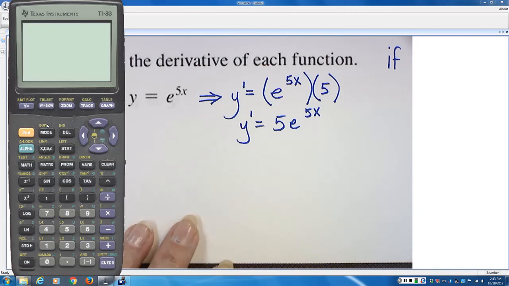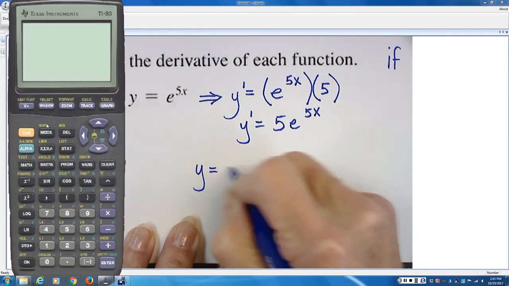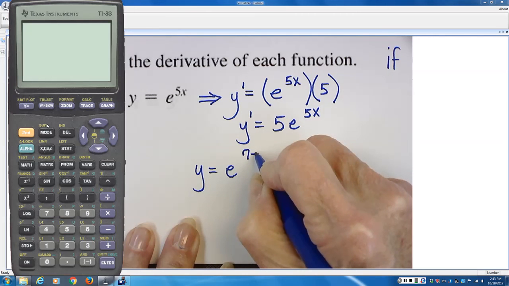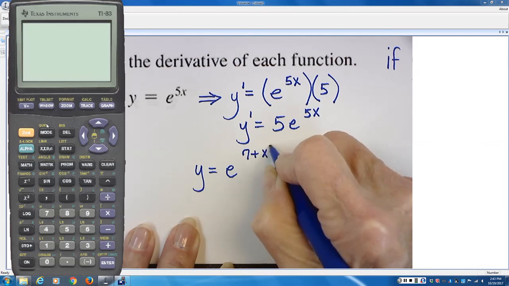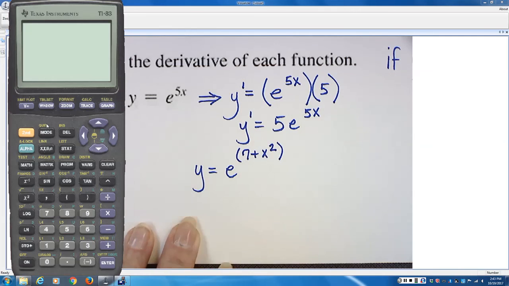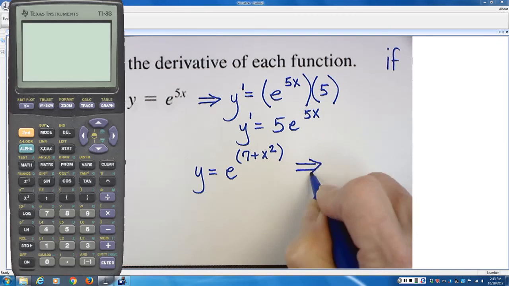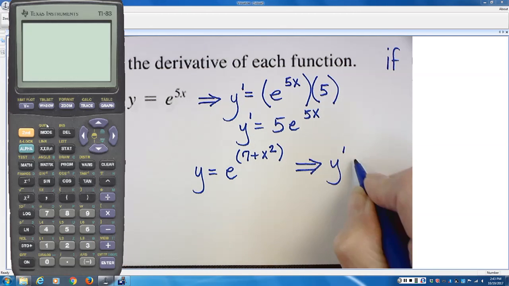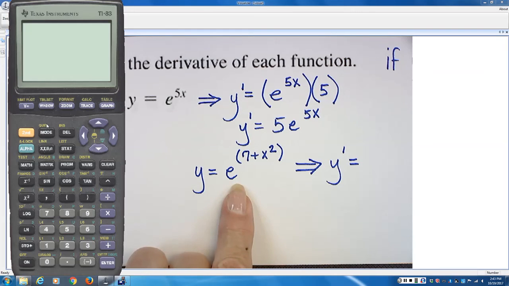So, suppose this function had been y equals e to the 7 plus x squared power. What's the derivative? What does the exponential rule tell you it starts with? E to the 7 plus x squared power.